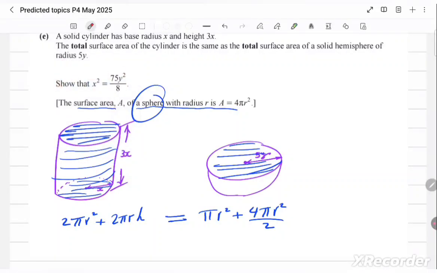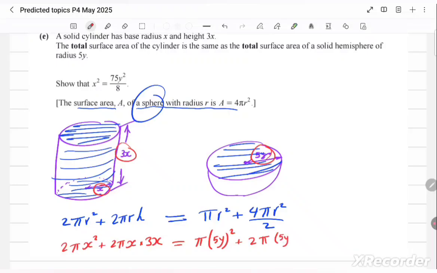Now, this is 2 pi r, and r here we said is x, so x squared, plus 2 pi, again x, and the height is 3x, times 3x, equals 2 pi r squared. r here is 5y, so 5y squared, plus this one is 2, since 4 over 2 is 2, pi r, again 5y squared.